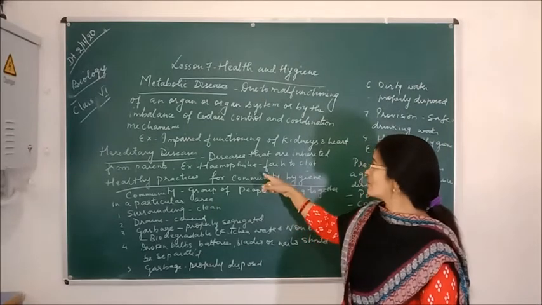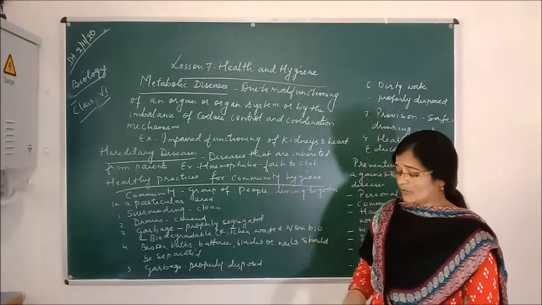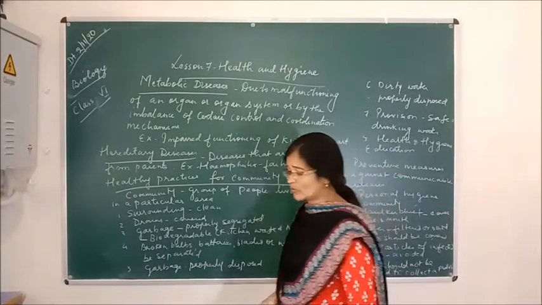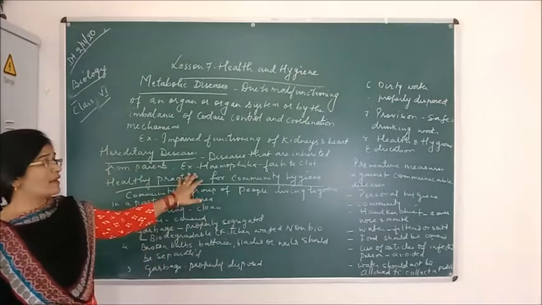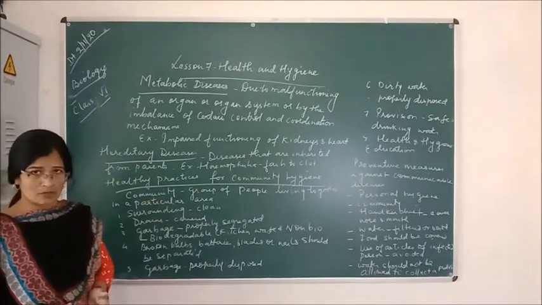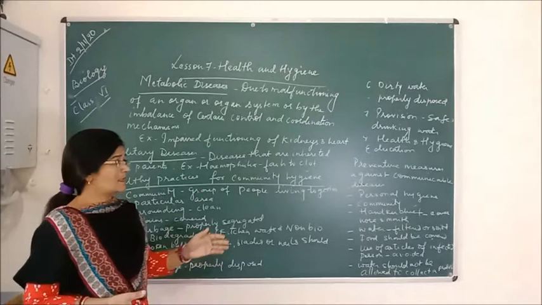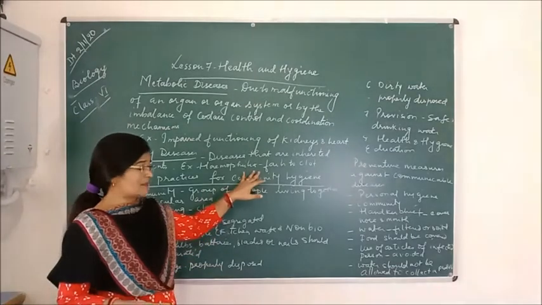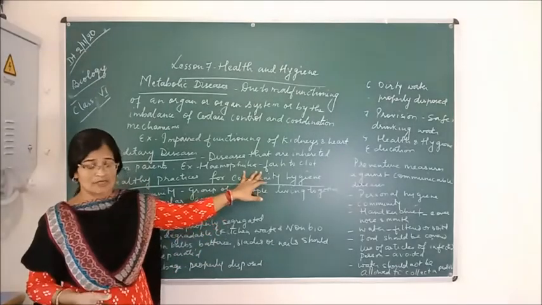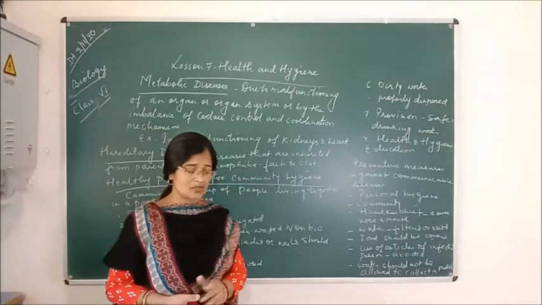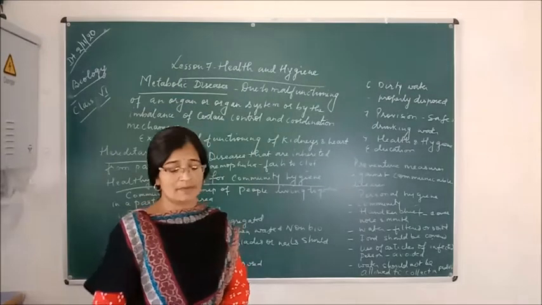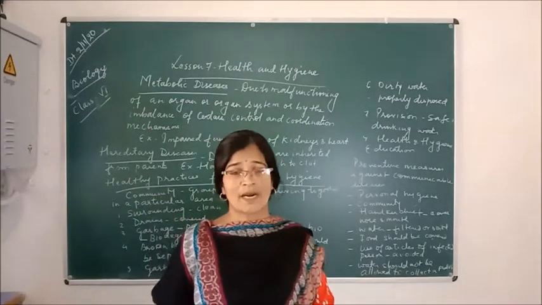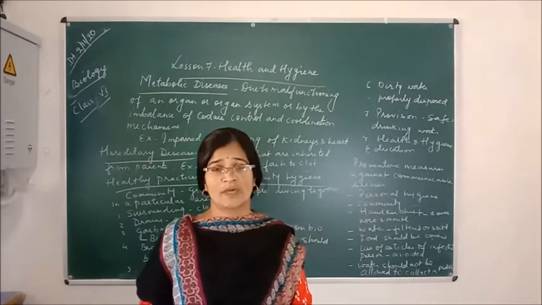For example, hemophilia. So what is actually hemophilia? Hemophilia is a hereditary disease in which whenever blood oozes out from the body of the person, that blood fails to clot. We all know that whenever there is a cut or injury in our body, blood starts coming out, and after some time the blood clots and the oozing of the blood stops.